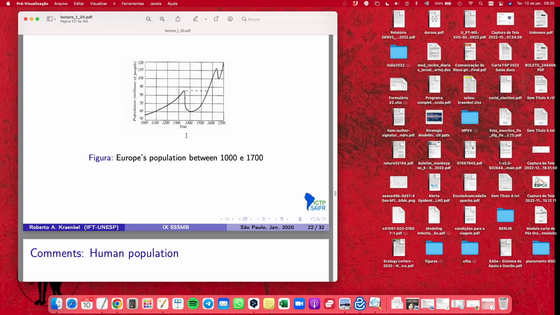Then this first wave goes away, but then you go up and you see there's another drop, and then it goes on. And actually, this second decrease, more to the end of our axis.